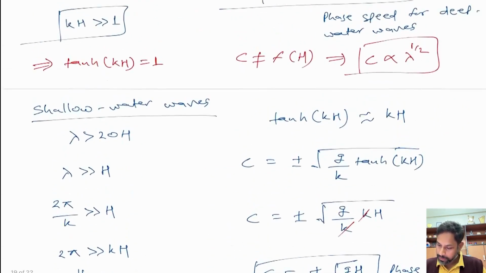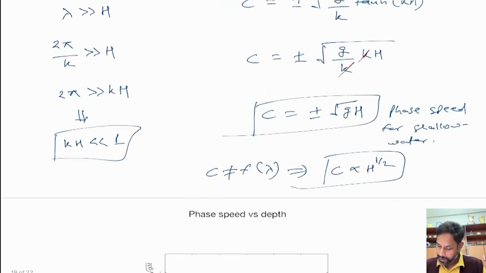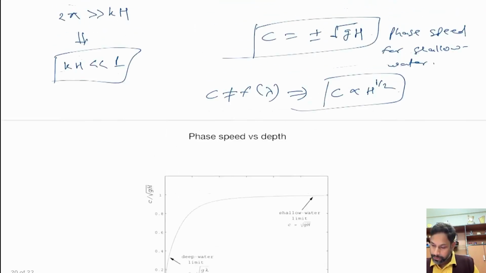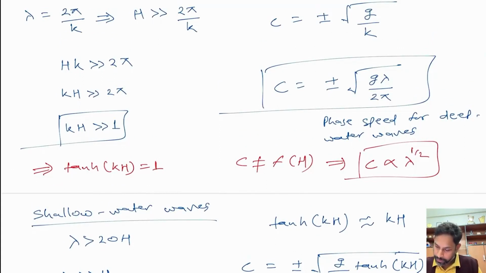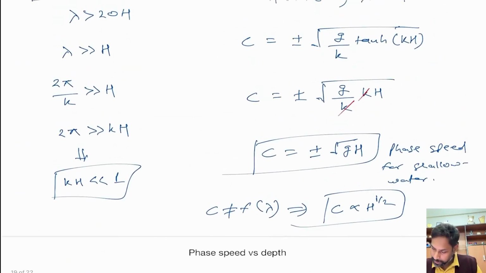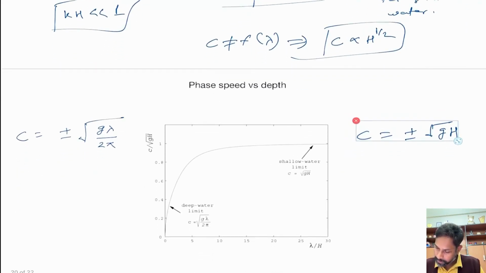Okay, so we have got these relations for the phase speed in form of lambda or h, and when we try to plot it against lambda by h, we get this kind of plot. So we have got these two relations which we will copy. So this is for deep water wave, and this one is for shallow water wave, right?